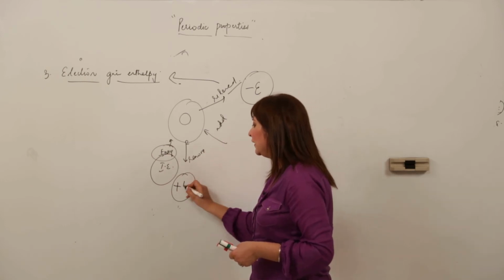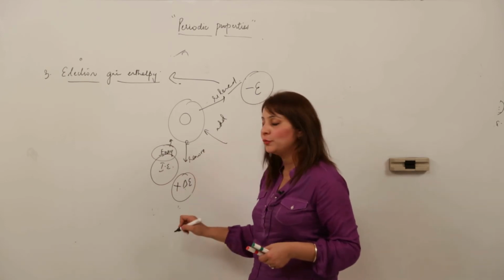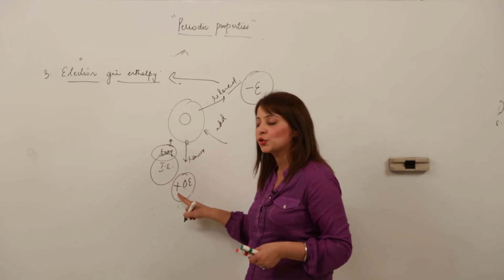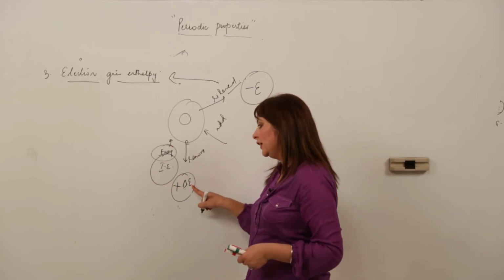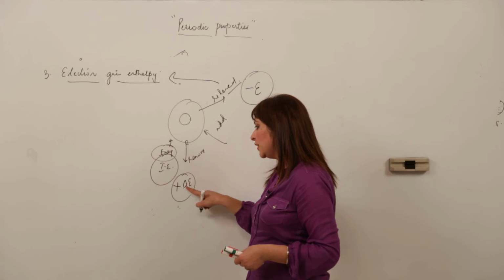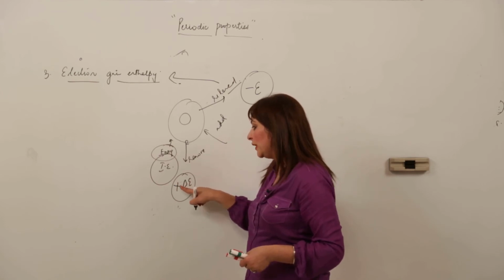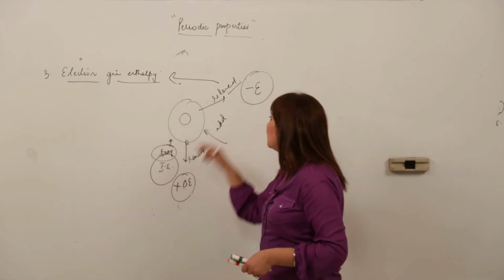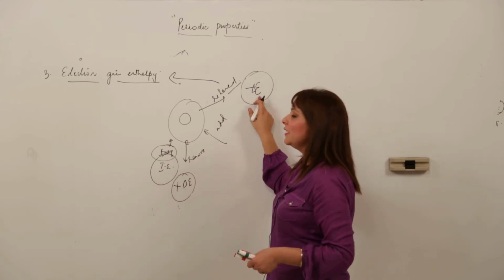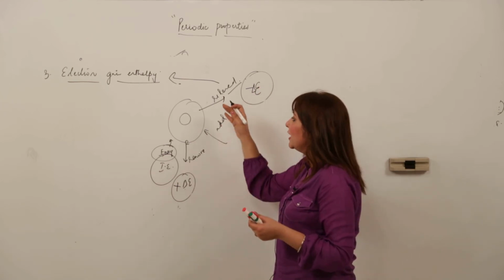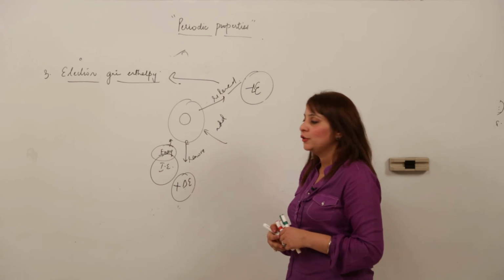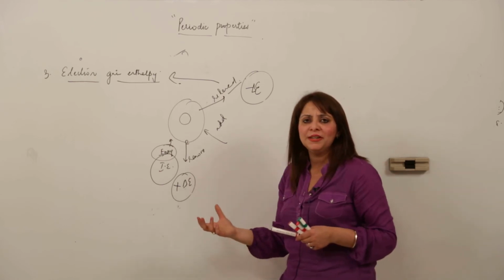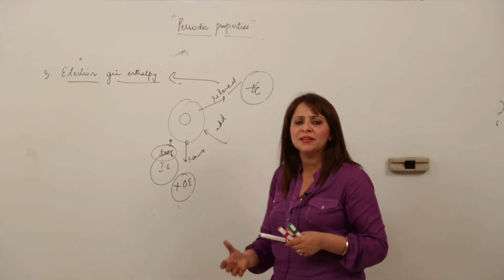Moreover, you can also write it as plus delta E, because the correct form to write is delta. Delta means change, so the change in internal energy, how the energy has changed. Plus means you have given it, and minus delta E means change in energy, how the energy is being given by the atom. You should be a little bit familiar with the sign conventions, otherwise you will be using it in higher class.